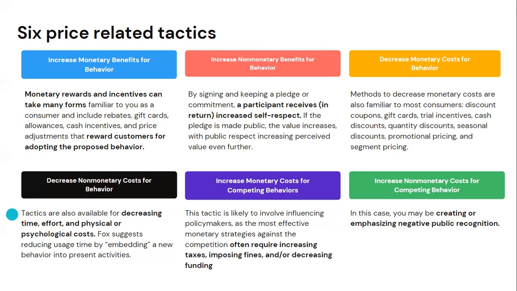Fifth, we can increase monetary cost for competing behaviors. In the social marketing environment, again, this tactic is likely to involve influencing policymakers as the most effective monetary strategies against the competition.